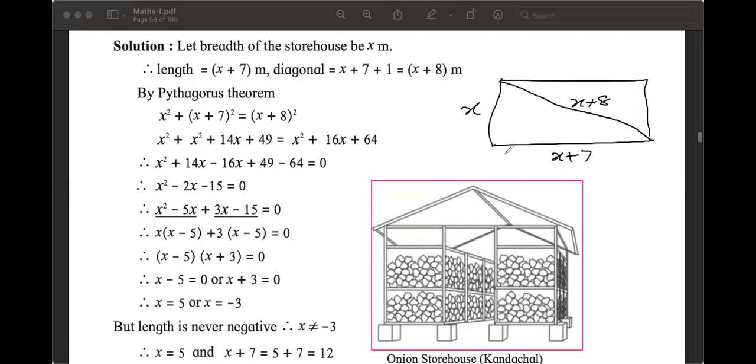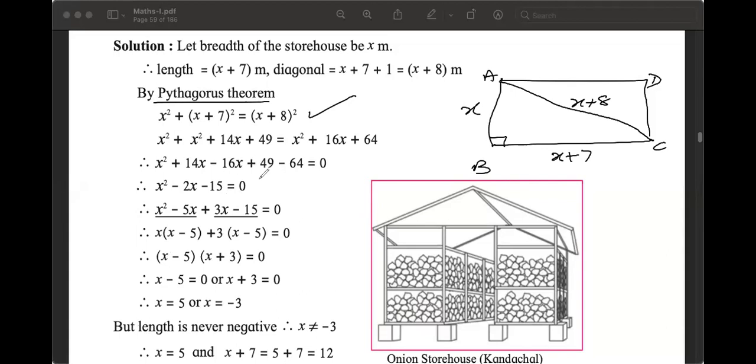Now, because it is a rectangle, this angle is 90 degrees. So if we have this rectangle as ABCD, then we have a right angle triangle ABC with angle B as the 90 degree angle and AC as the hypotenuse. So we can use the Pythagoras theorem, which says the square of the hypotenuse is equal to the sum of the squares of the other two sides. So, equation 1.